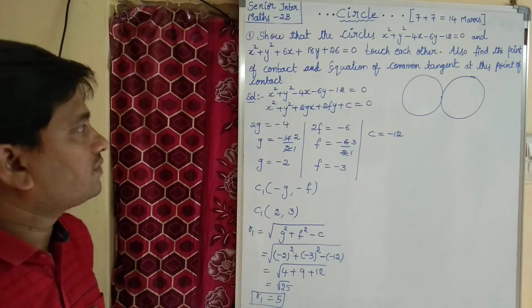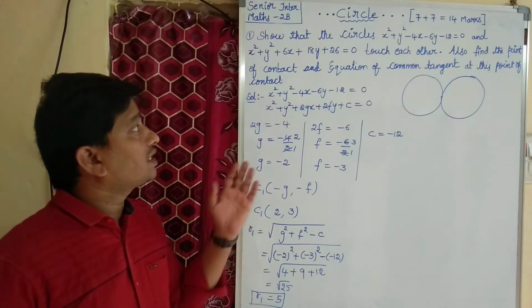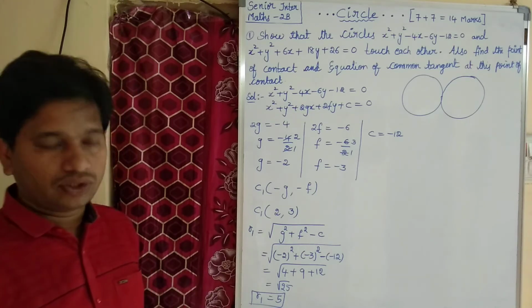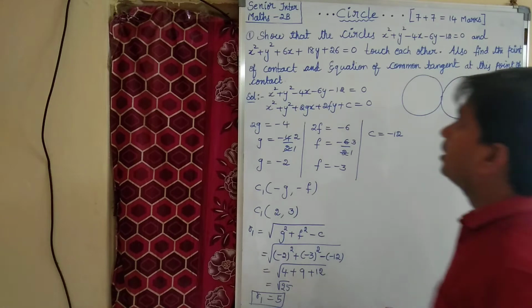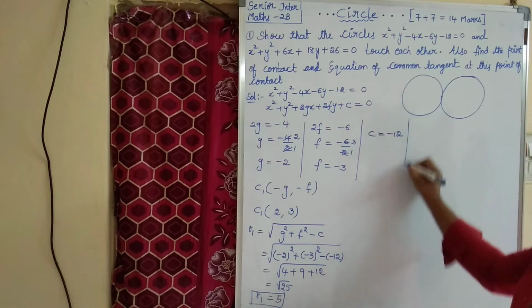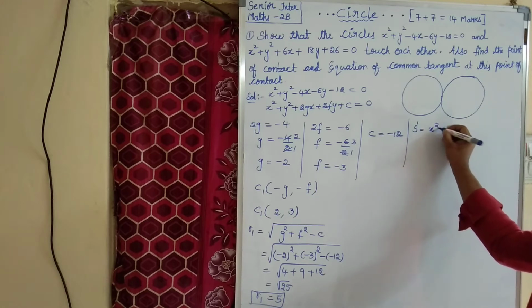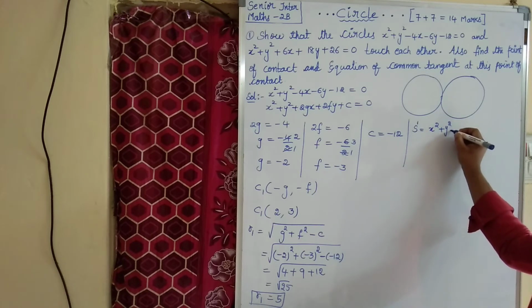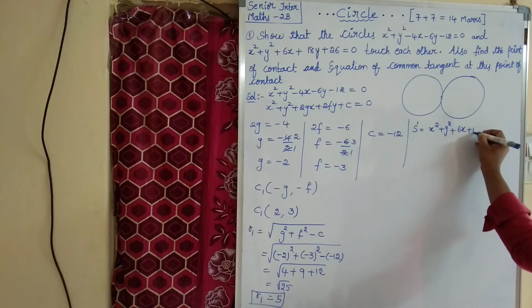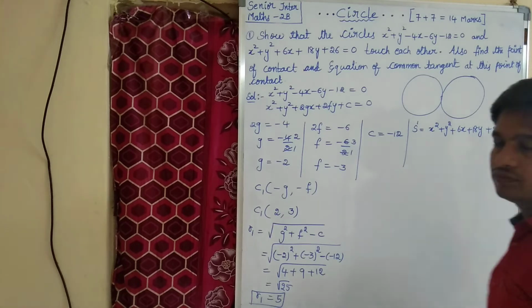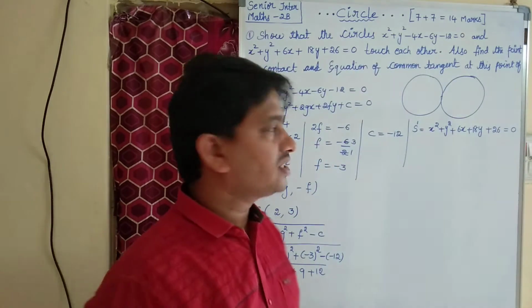Okay children, that is for the circle x square plus y square minus 4x minus 6y minus 12 equal to 0. Okay. So the second circle we call it as S dash, which is x square plus y square plus 6x plus 18y plus 26 equal to 0. This is our second equation of the circle.